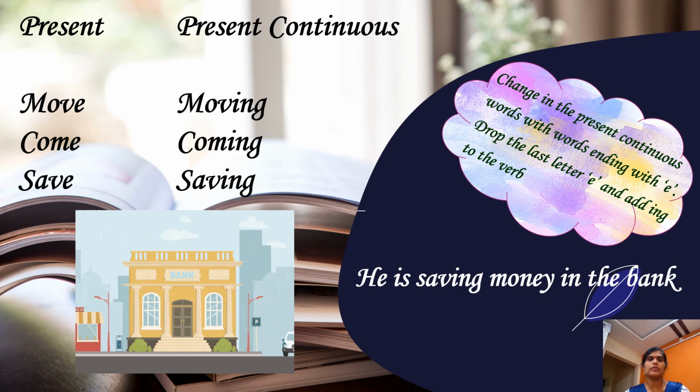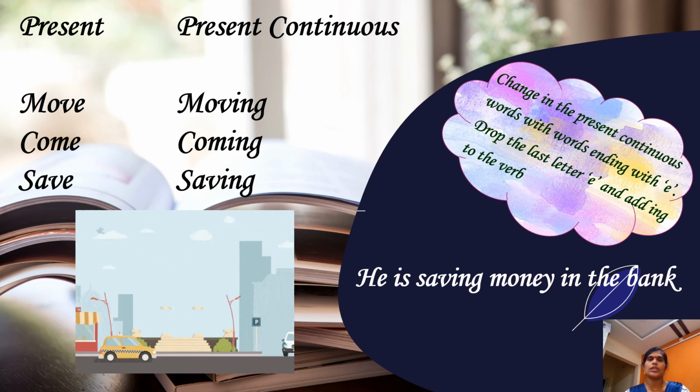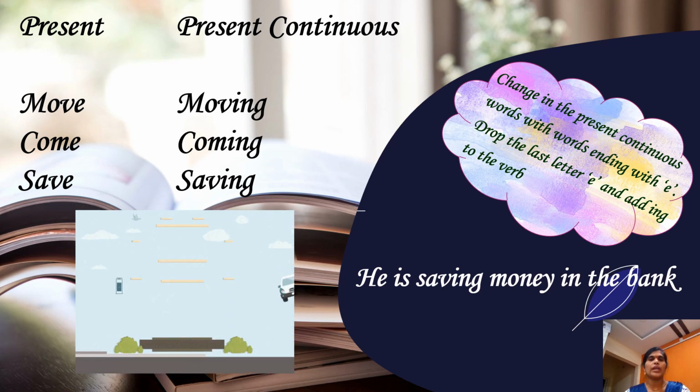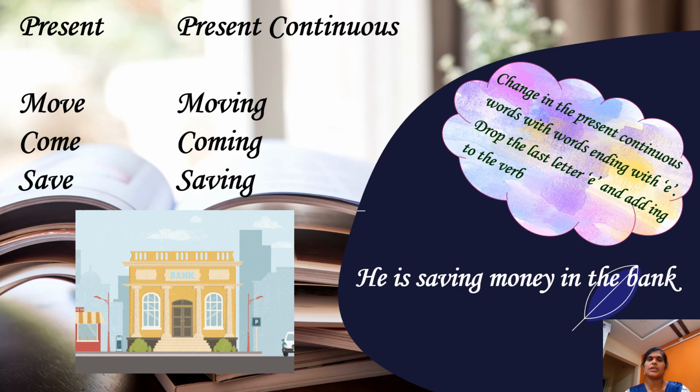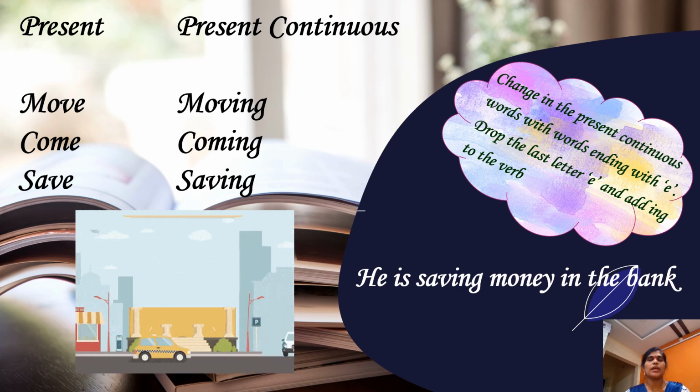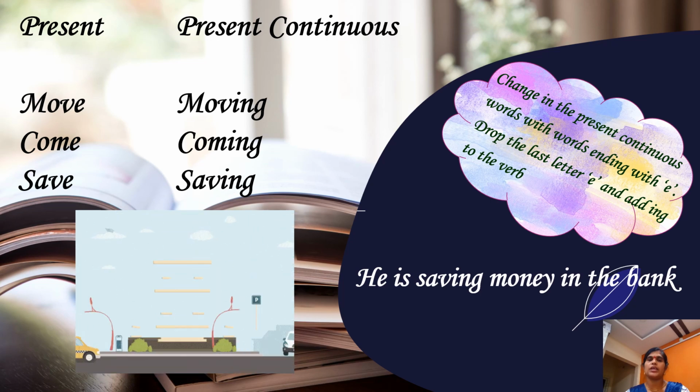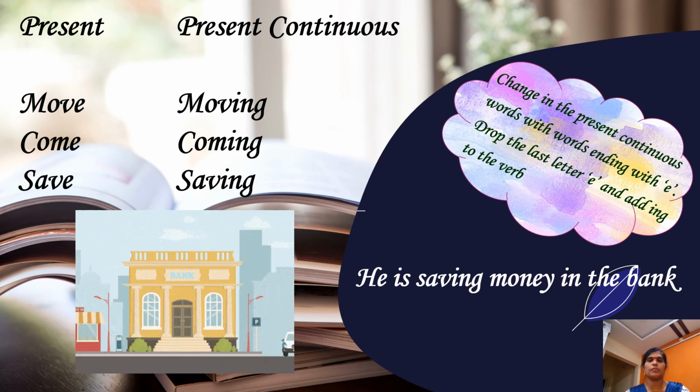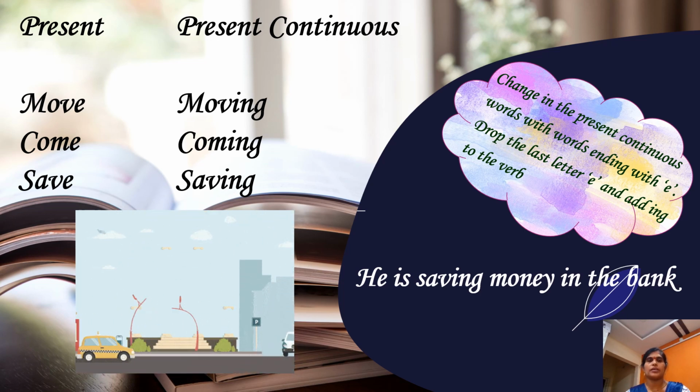If you observe the present tense verbs move, come, save, the words are ending with the letter E, and when it is changed into the present continuous tense, the letter E was dropped and then ing is added to the word. And the sentence goes like this. He is saving money in the bank.